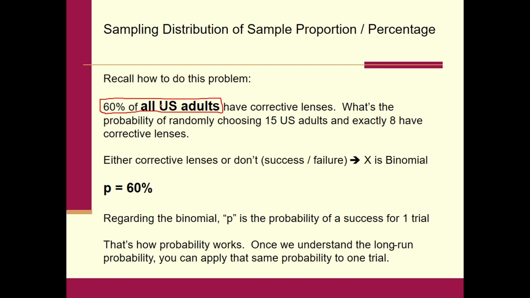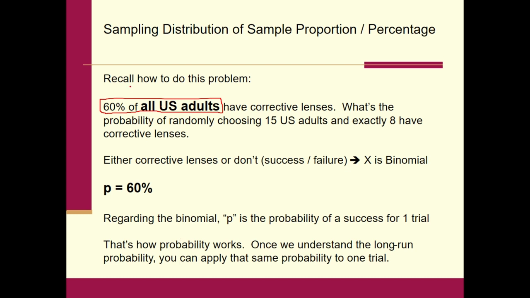No, let's not use 60%. Let's say 70%. So that means if we randomly choose one person, what's the probability that he or she is going to buy a domestic car? It's 70%. So once you know what it is in the long term, you can apply it to just one person then, or one trial.